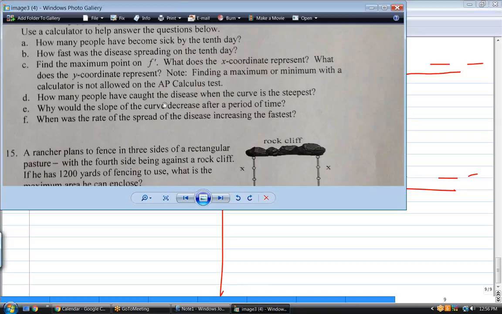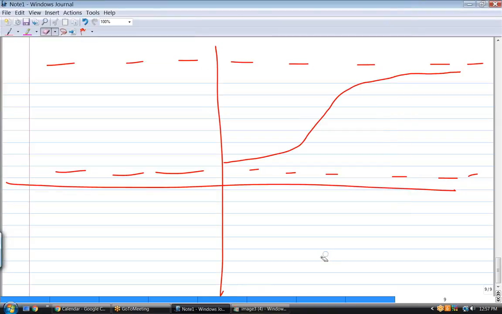Why would the slope of the curve decrease after a period of time? Well, if it didn't, it would go right through that. The nature of a logistic function is that it starts out exponential. In other words, this part of the curve. Population growth is a good example of logistic growth. When you have a small population, it grows exponentially.